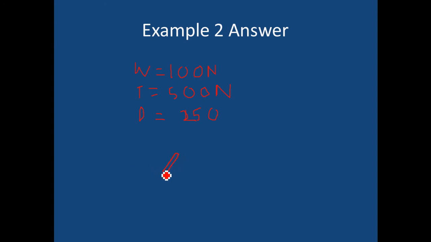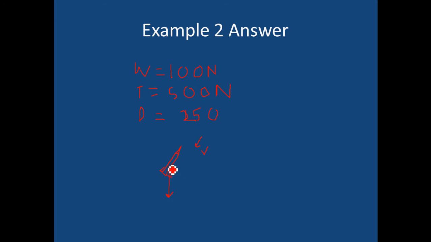Let's say this is our rocket. Alright, so here's our velocity, our wind velocity V here. And we have weight, which is straight down.